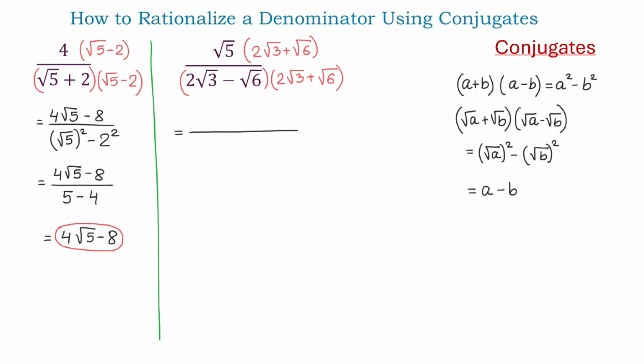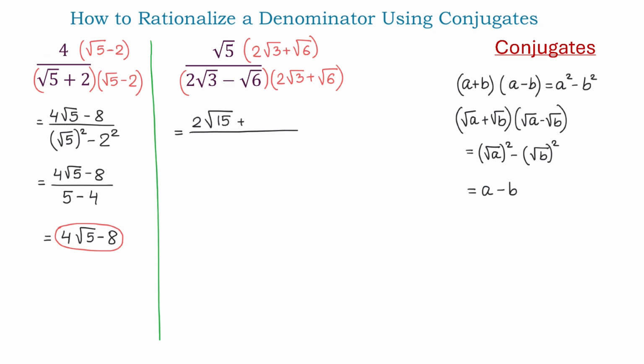When we multiply square root of 5 times 2 square root of 3, we will get 2 square root of 15, because 5 times 3 is 15. So again, we will have 2 and then square root of 15. Then square root of 5 times square root of 6 is square root of 30.